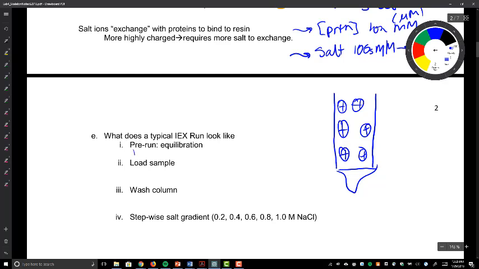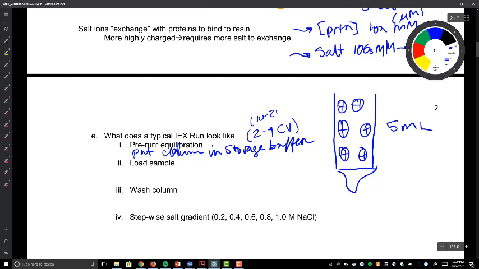We have to put our column in the buffer that our protein is stored in, the storage buffer. And this generally takes 2 to 4 column volumes of buffer. So if you have a 5 mil column, that's going to be 10 to 20 mils of buffer.